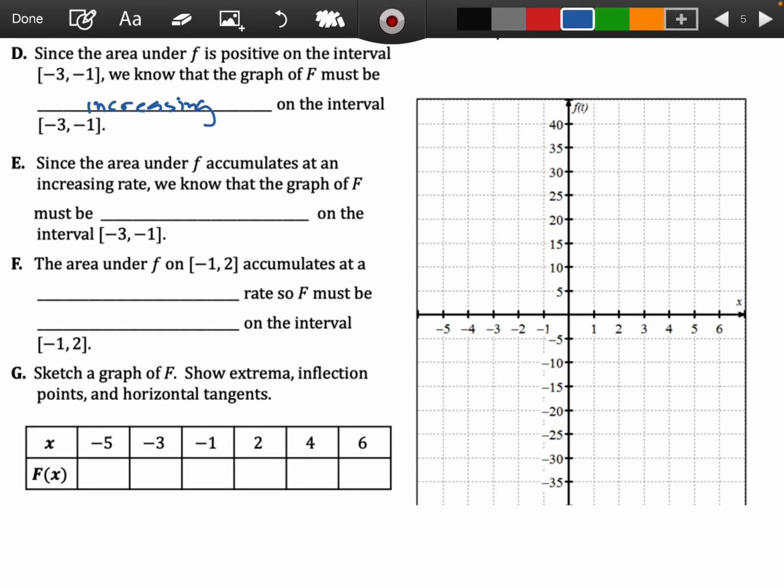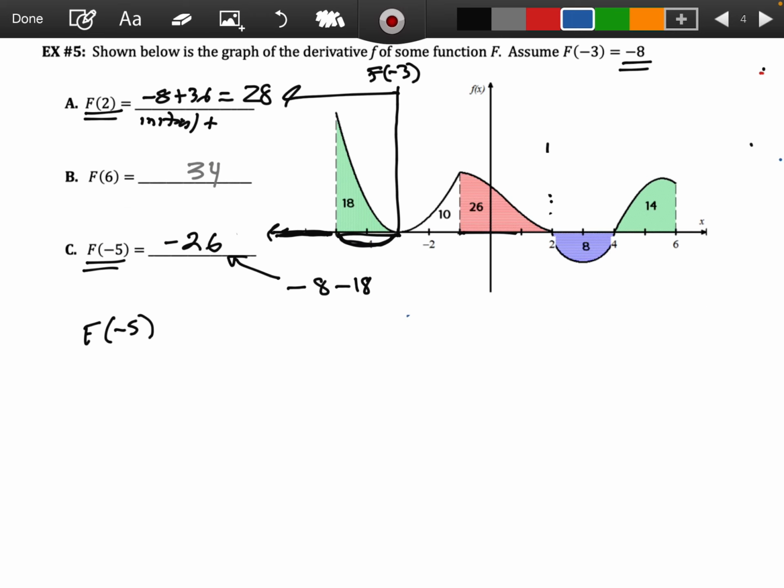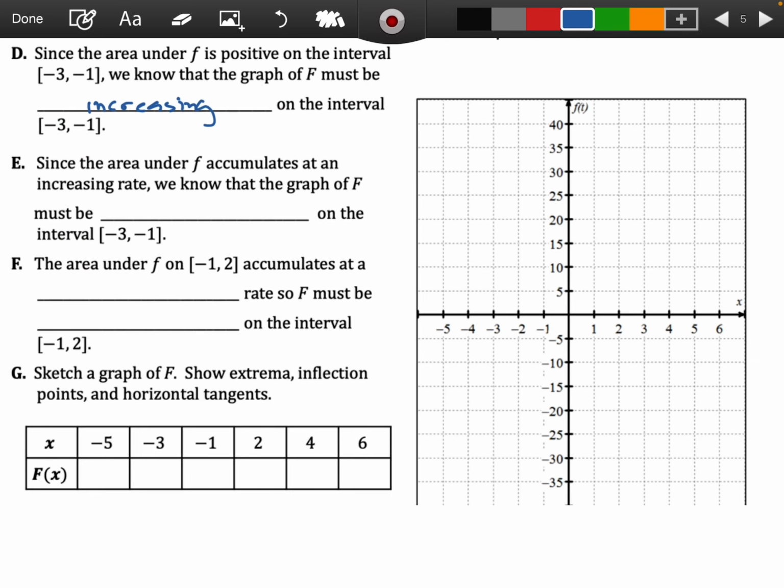And again, use the idea that we have the graph of the derivative of F, of some function, capital F. So I think that's going to be the key thing to think about in this case.